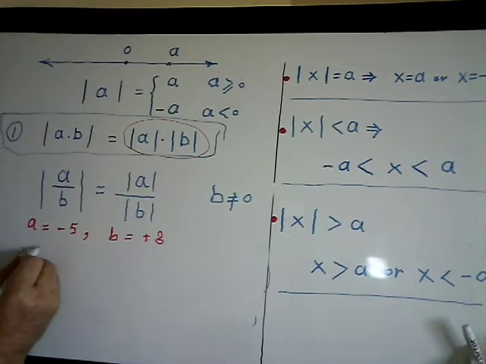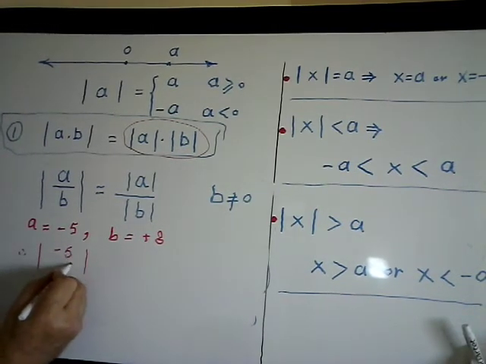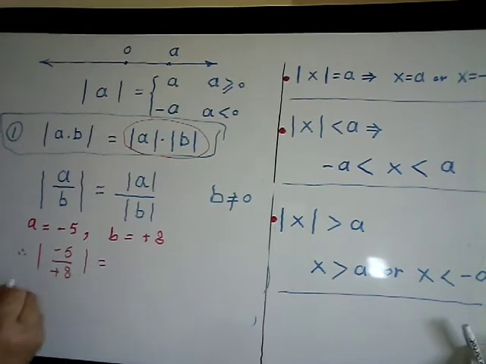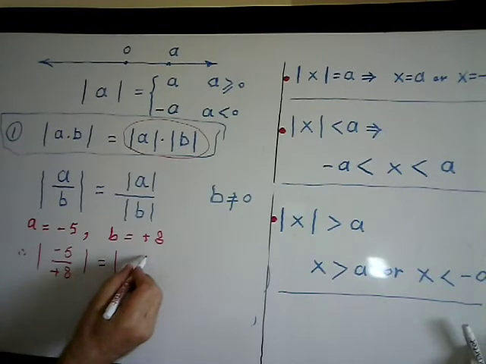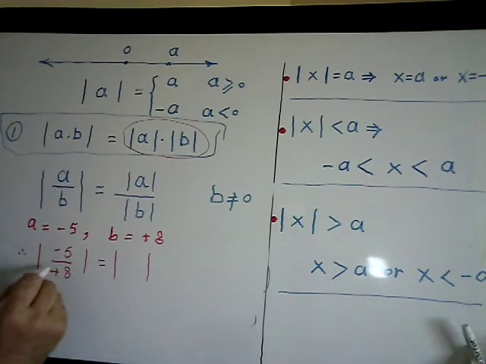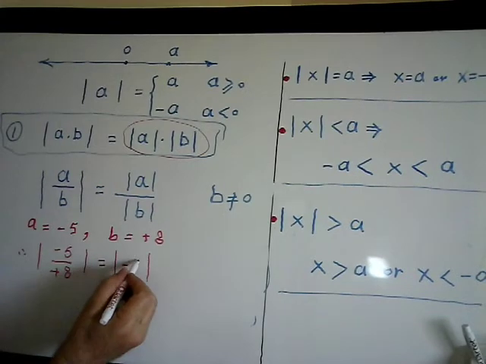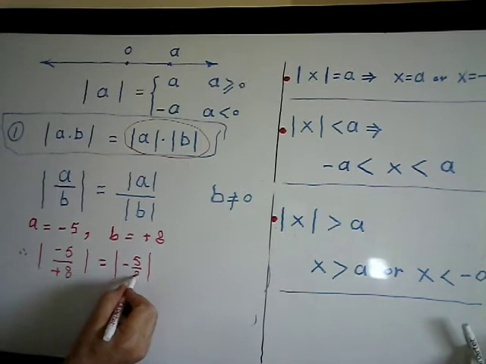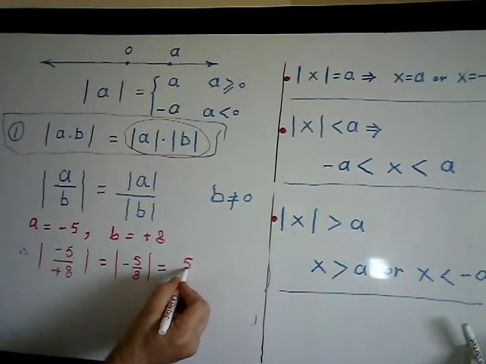So the absolute value of negative 5 over positive 8 equals the absolute value of negative over positive, which will be negative 5 over 8. So the absolute value of negative 5 over 8 is 5 over 8. It will be positive.